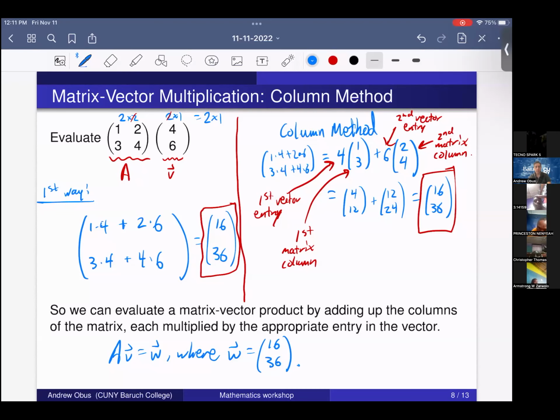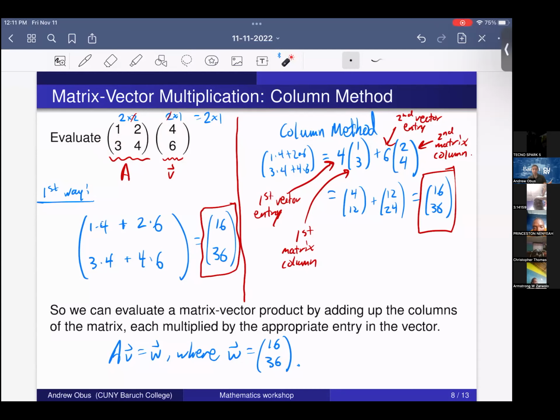So, it's compulsory to have a 2 by 2 matrix and multiply by a 2 by 1? No, it is not compulsory to do that. All that needs to happen is that the size of the vector needs to be the same as the number of columns of the matrix. So I could have a 3 by 4 matrix and multiply it by a 4 by 1 vector.